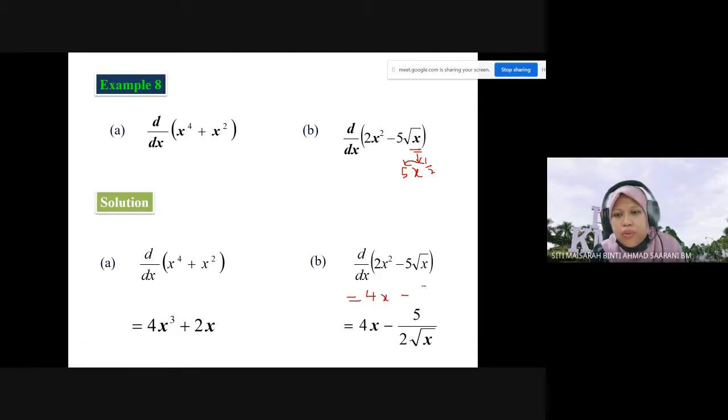Okey, baru tukar dia jadi 4X tolak 5/2 se-X. Okey, so kalau ada tambah tolak awak differentiate satu persatu.